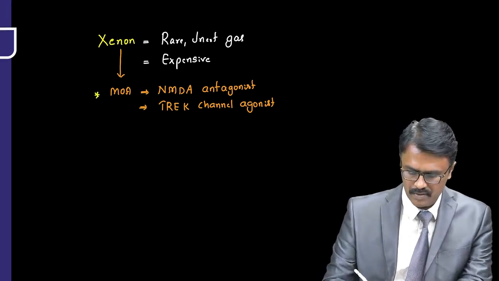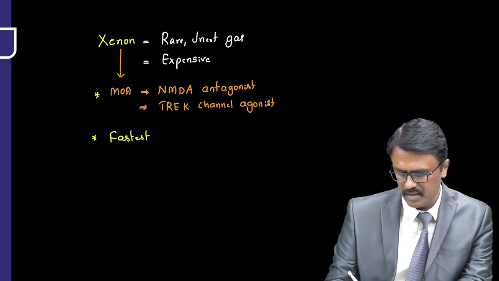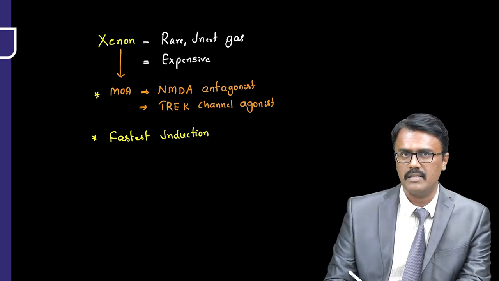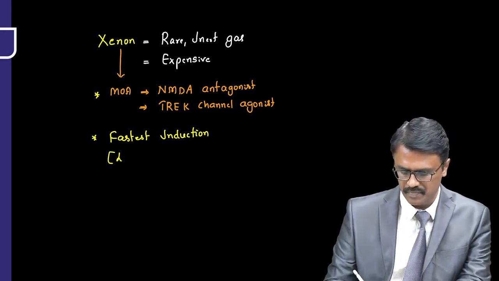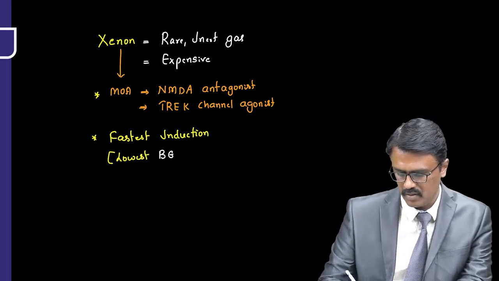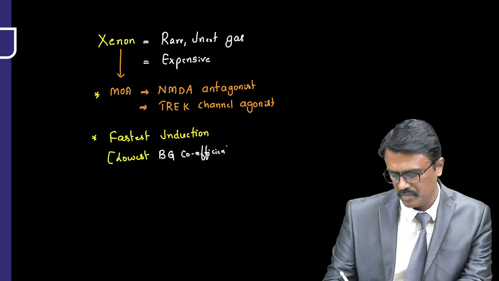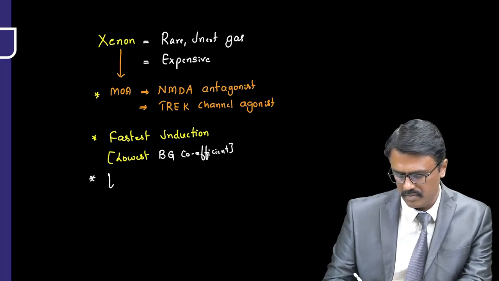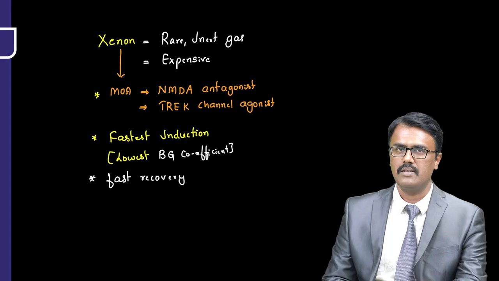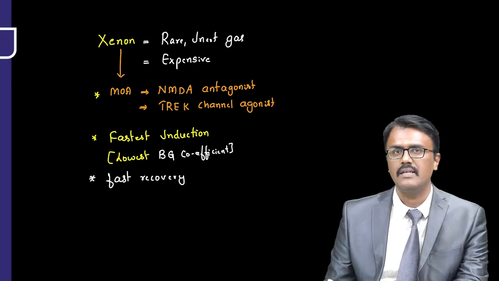One more advantage of xenon is it has the fastest induction among all the inhaled anesthetics. Fastest induction means it has the lowest blood gas coefficient. And the drug also has fast recovery. So it is one of the beautiful anesthetics, but the problem is it is not easily available and it is expensive.